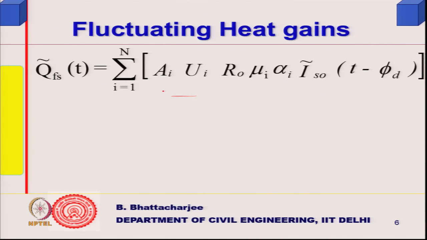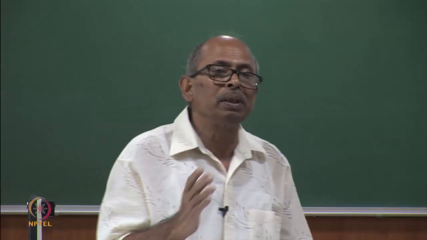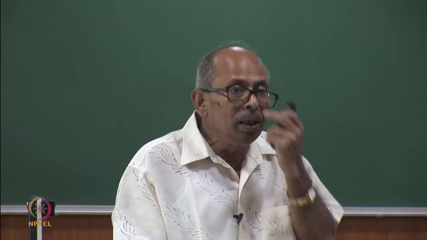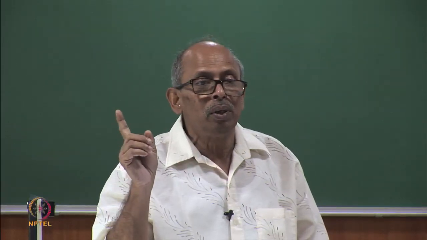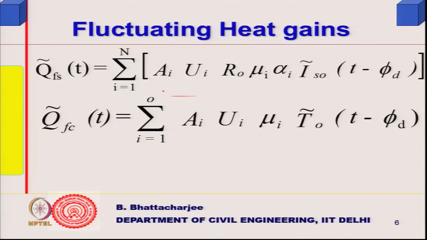Sum up for all the surfaces which receive radiation, and that will give you the fluctuating conduction gain through the opaque body due to solar radiation impinging onto it. And the direct conduction gain because of temperature is simply the T O swing of the outside temperature, with the same phi d, because it is related to the decrement factor, a phase lag, a time lag due to phi d.